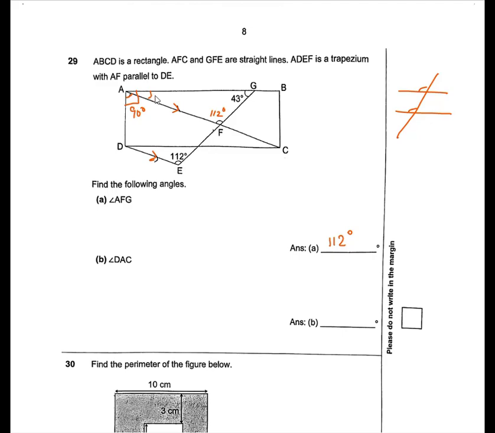And this third angle is 180 minus 112 plus 43. So 112 plus 43 is 155 degrees. And so 180 minus 155 is going to be equal to 25 degrees.